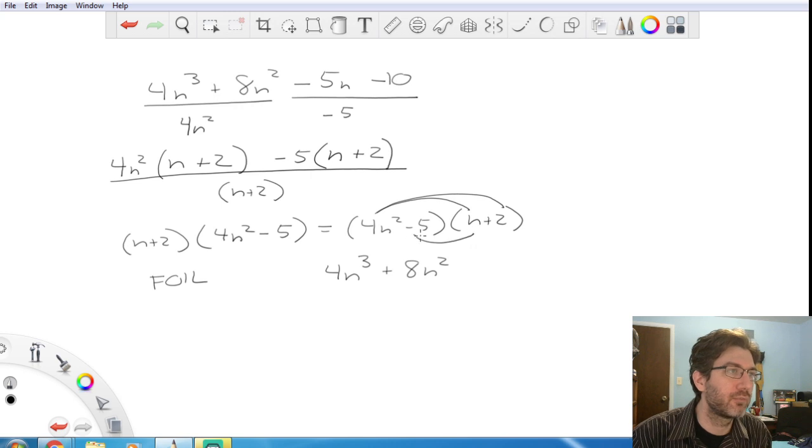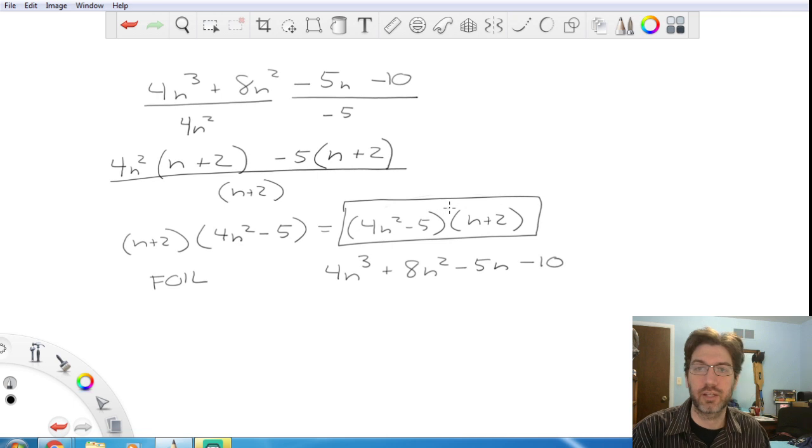Negative 5 times n gives me a negative 5n, and negative 5 times 2 gives me a negative 10. And this does match my original, so this here is my good answer. Just so you know, we did check it. This here is your answer for this. That is the answer factored.